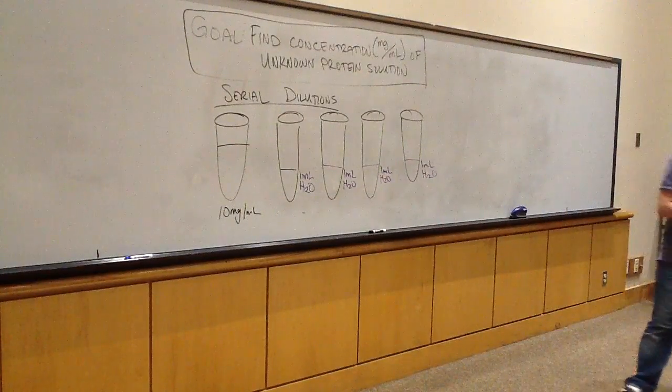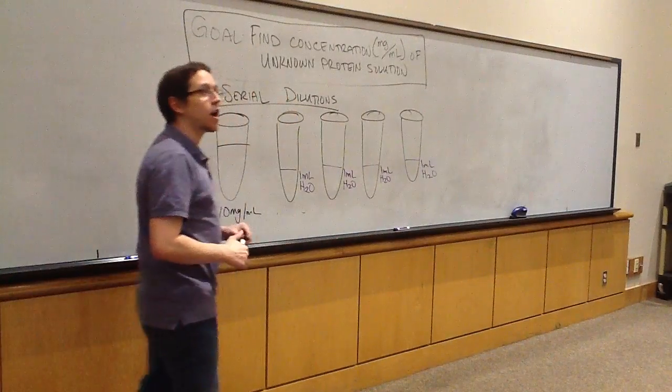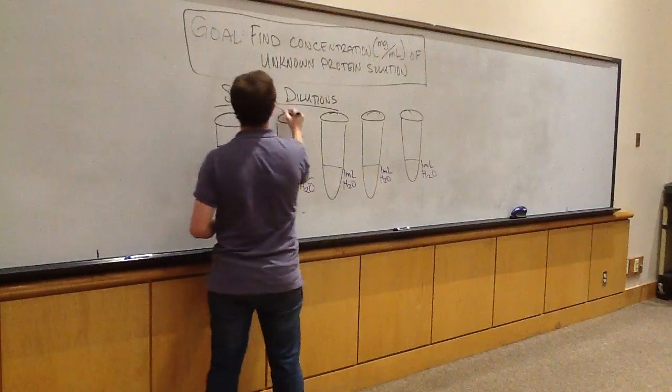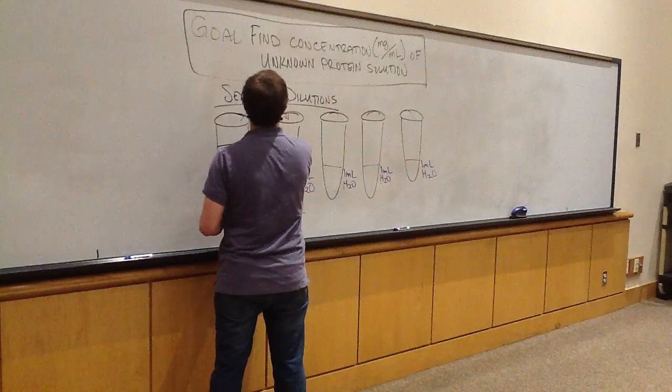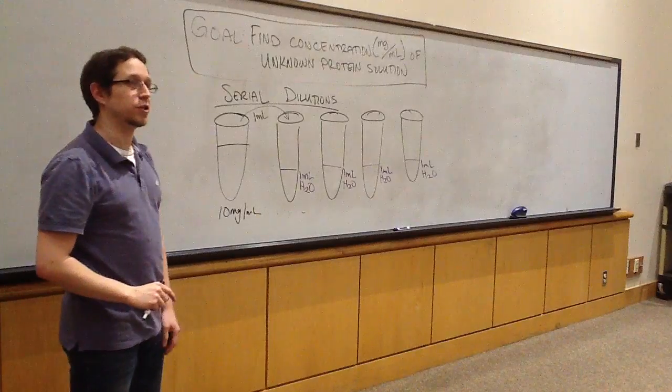Alright? So then, what you did was you took some of your stock solution, technically 1 milliliter of your stock solution, and you added it to the first test tube.